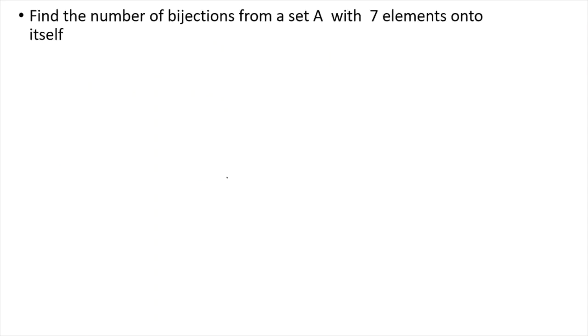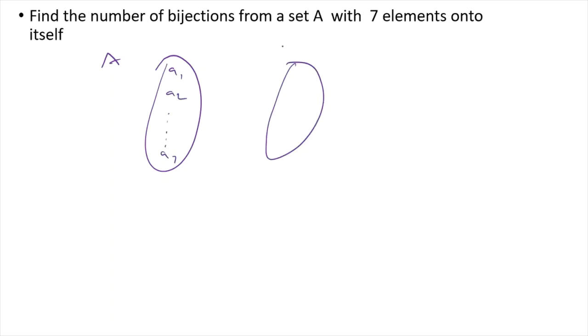Okay. So A has 7 elements. So let us write down those 7 elements. This is my A, A1, A2, and so on up to A7. And again we have this set A, which has A1, A2, and so on up to A7. A1 can be mapped to any of the 7 elements.